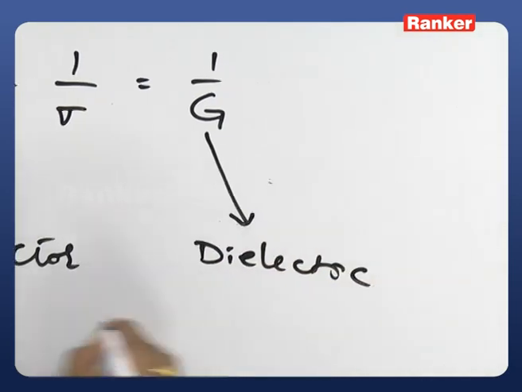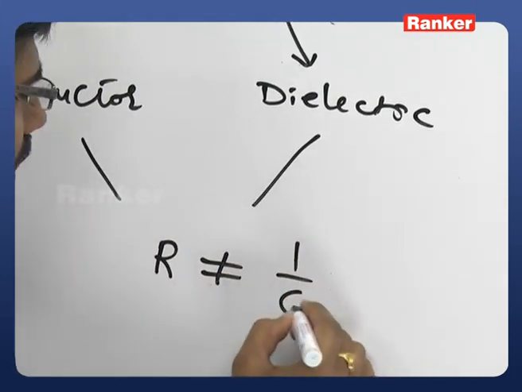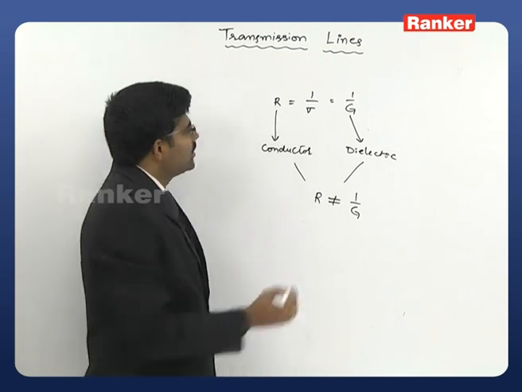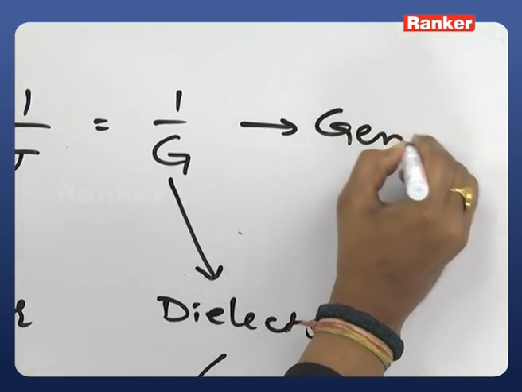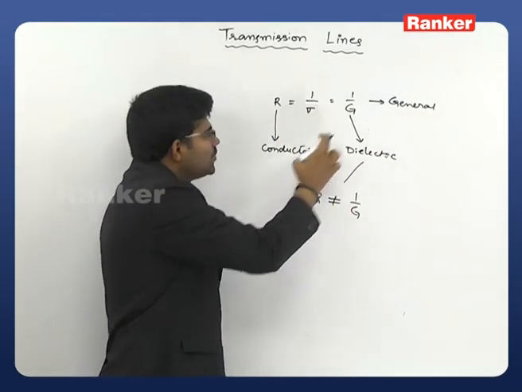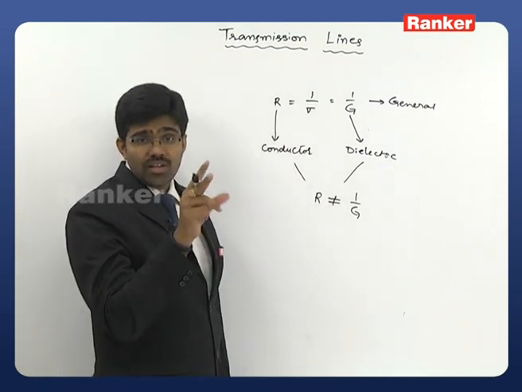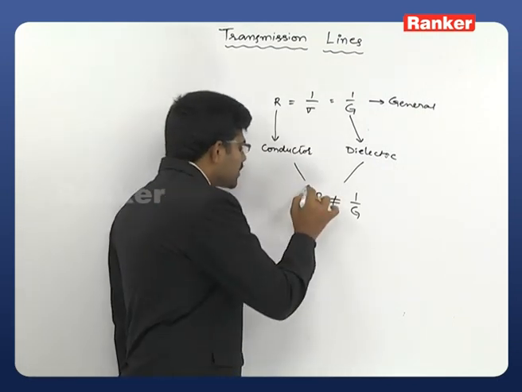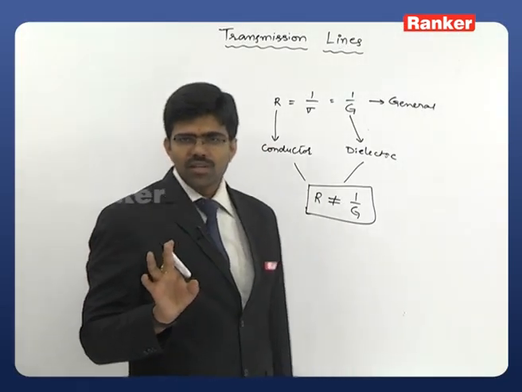So R is not equal to 1 by G here. R equal to 1 by G is for general lines or the general equation, but here R is measured for the conductor and G is observed for the dielectric medium. These are two different materials that we are considering. That's why R is not equal to 1 by G in this particular case.